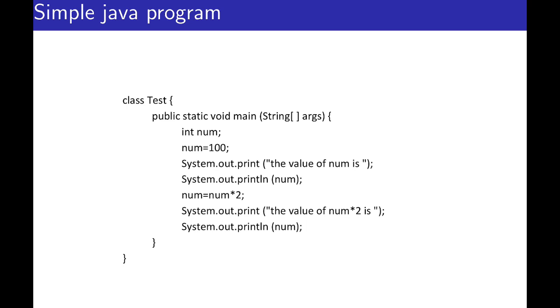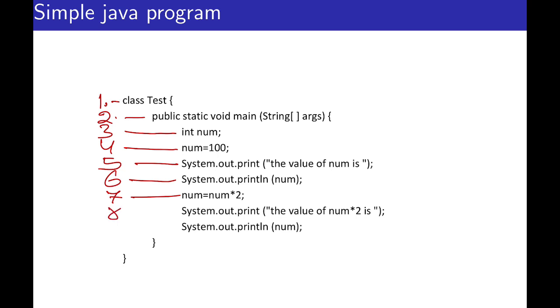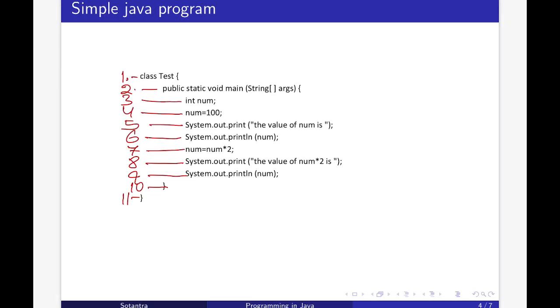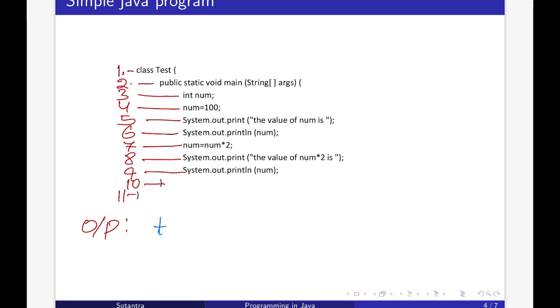For better understanding, like our previous ones, let us give line numbers here. Now if we compile and execute this program, we are going to get the output like this.